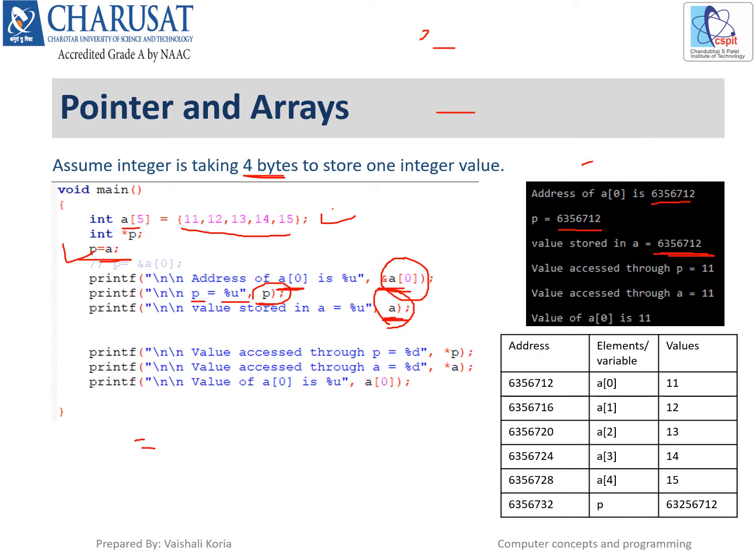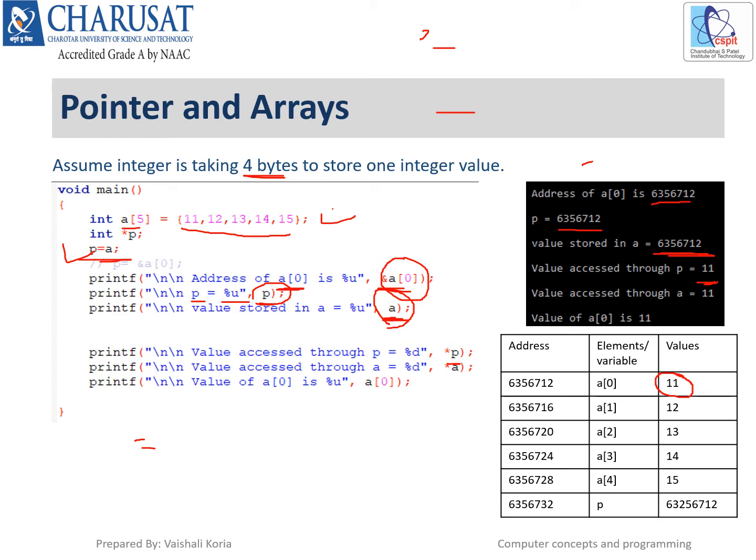Okay, now the next printf statements. Now if we want to access the values of the array elements using the pointer, so if we write star p, p is containing the address of the first element of the array, so when you write star p, it will print the value of the first element, 11. Okay, so we have accessed the first array element using the pointer variable.